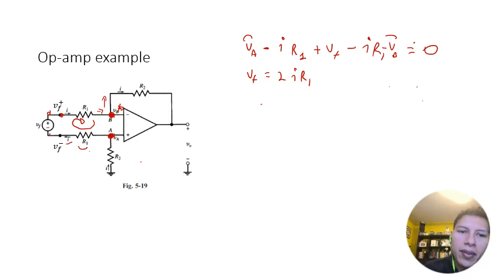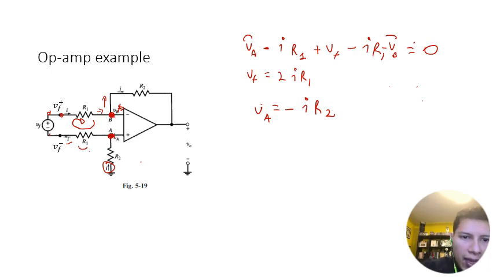And so you end up with basically that you have two other equations. So you have here that VA has to be equal to negative I R2, and that's equal to VB.